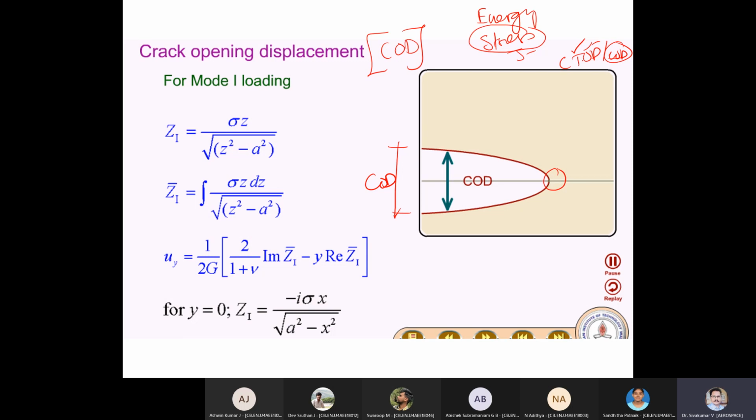You will see these explanations very elaborately in the stress techniques, but now I just introduce simple terms here, then I will proceed with the theory. I told you this is one of the design methods. COD is one of the fracture design techniques.